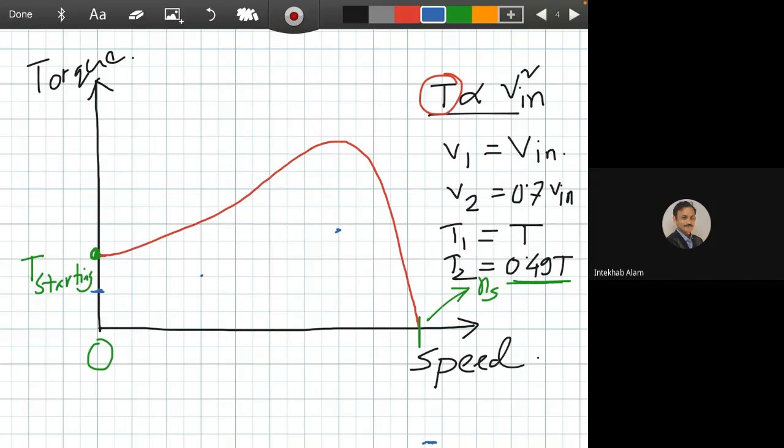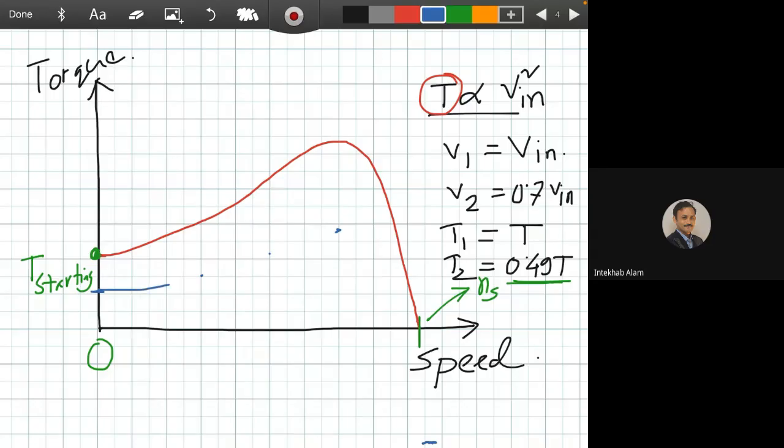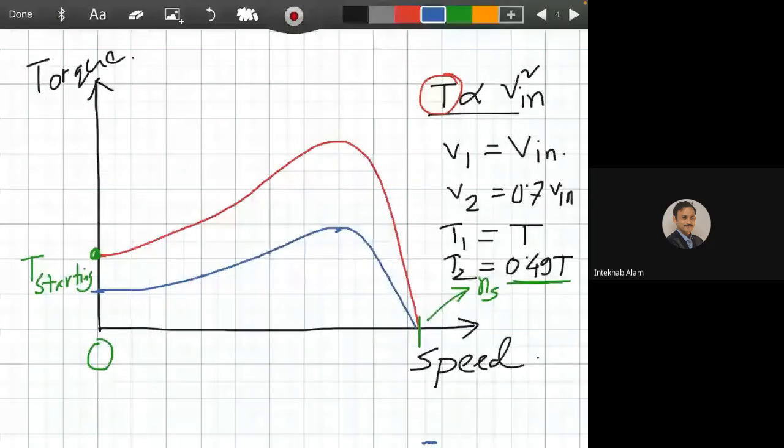Okay, so we can draw the figure in this fashion. This is the curve of T2, and this one is the curve of T1. Now is it okay with you?